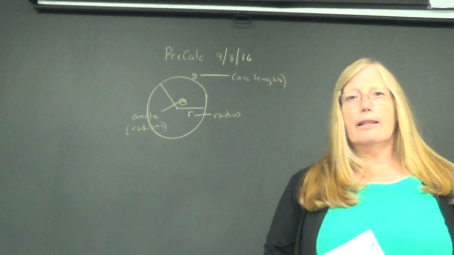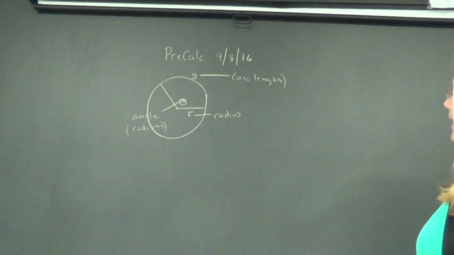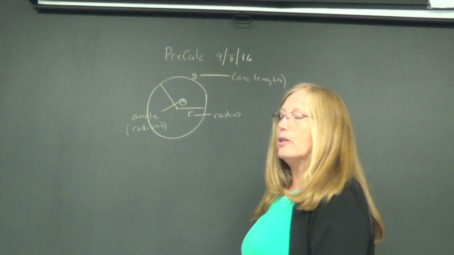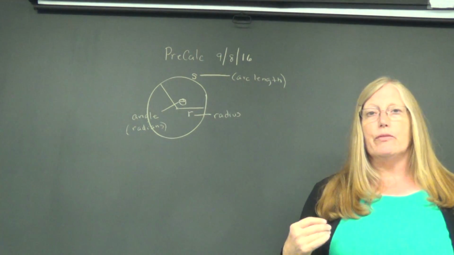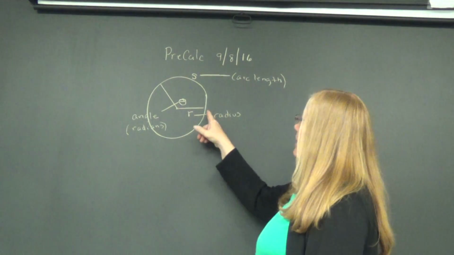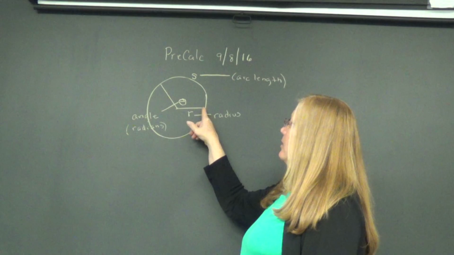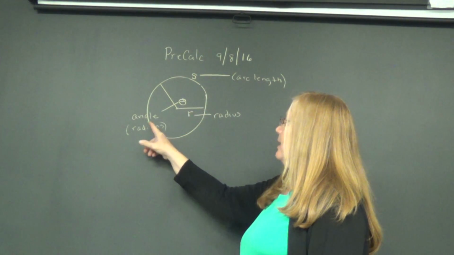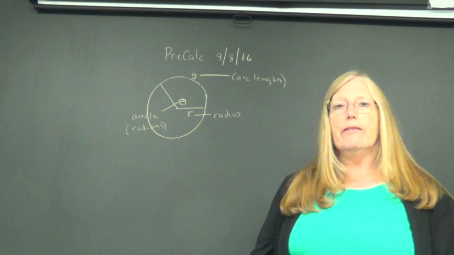We've seen that a radius laid along the circumference of the circle changes its name to radian. This length right here is called arc length, and I'm going to call it S. This is a radius, and that is the angle measure in radians.